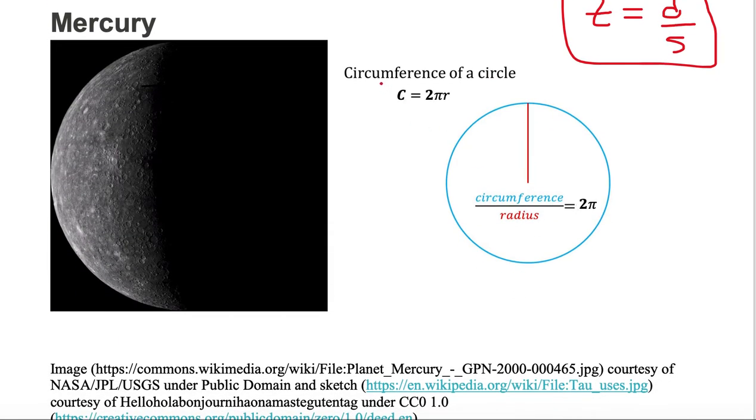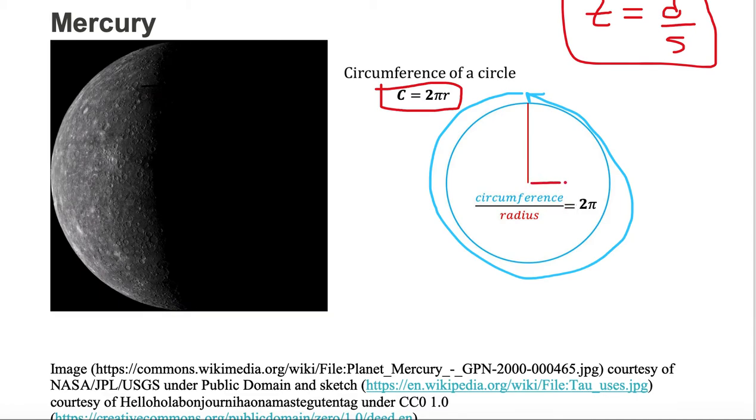We're given for distance the circumference of a planet or a circle. Notice how round Mercury is, so we can pretty much treat it as a circle. The circumference is the distance that goes all the way around. So you see it's in blue, whereas the radius is just the distance halfway through the circle or planet.